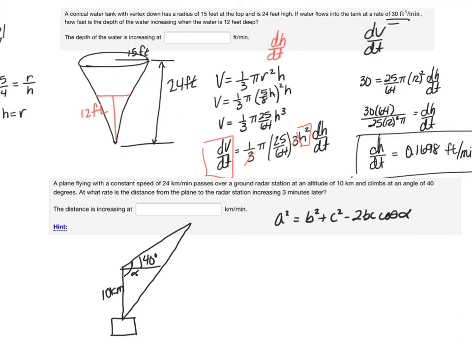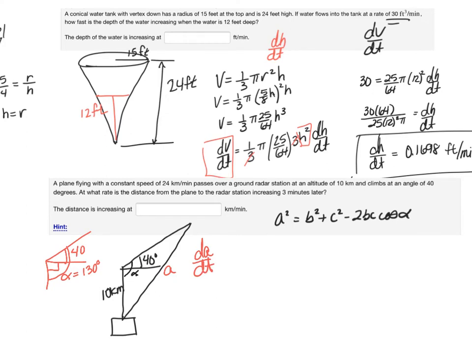Just looking at the angle over here, this part is 90. This part is 40. That means alpha is these two combined, so alpha will be 130. And that's going to be a constant. And what we want is this a value across from it, and in particular, what we want is dA/dt.